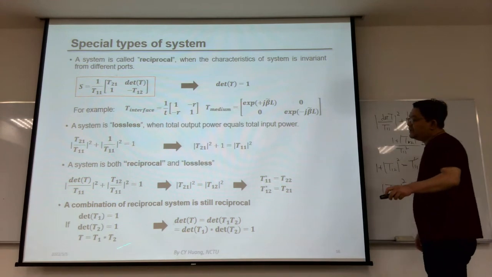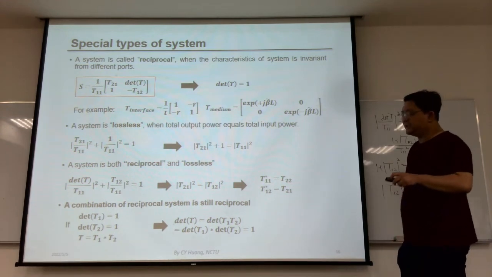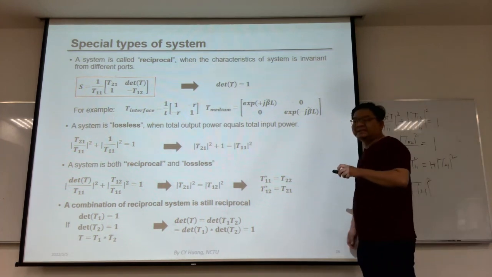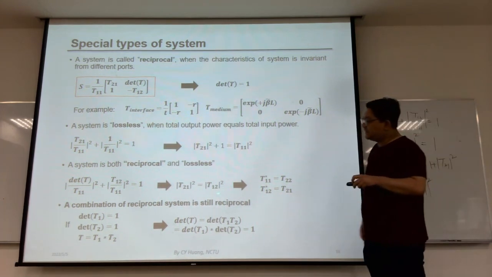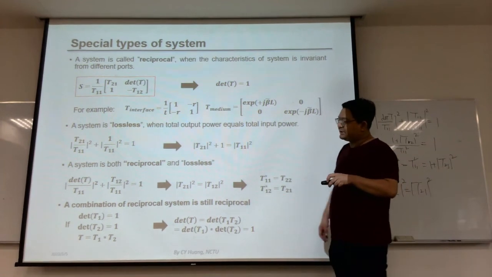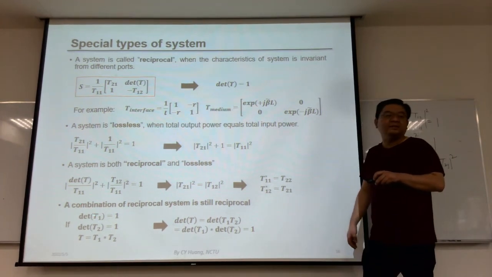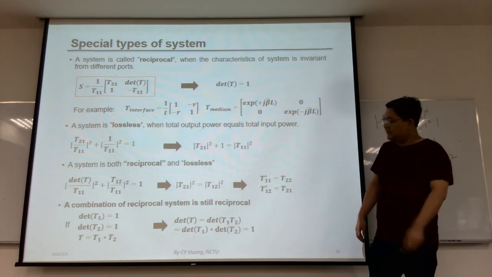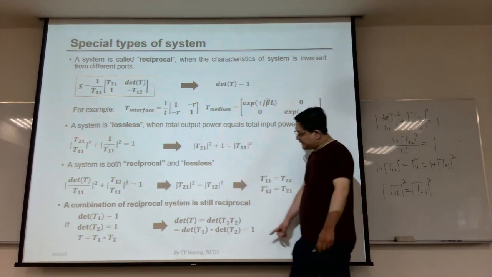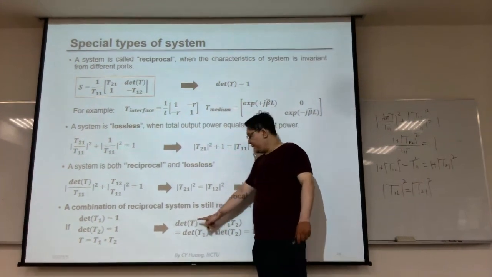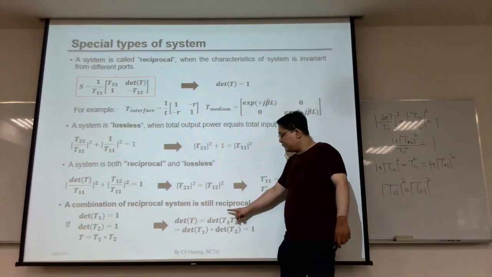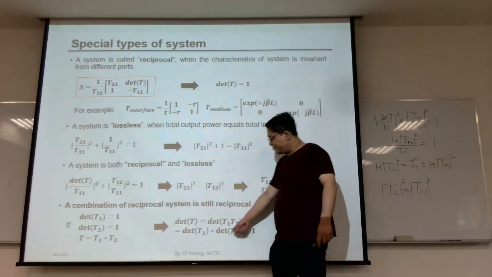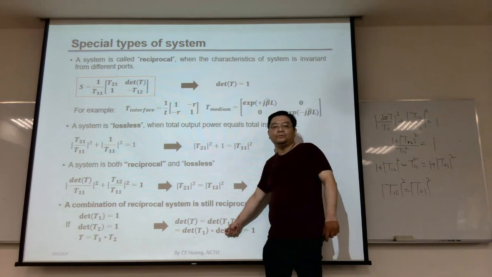And a combination of reciprocal systems will still be reciprocal. This is proven by math. Because if system 1 is reciprocal, its determinant should be 1. Similar for system 2. And for the combined system, delta T will be delta T1 times delta T2.